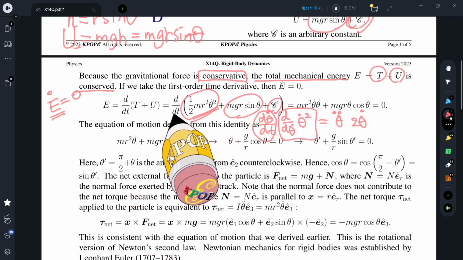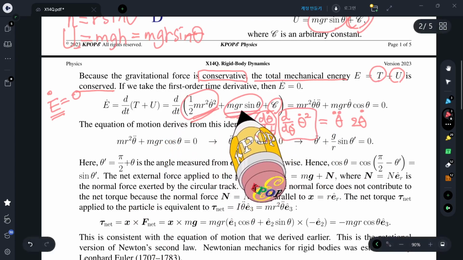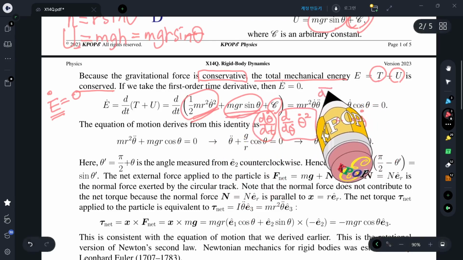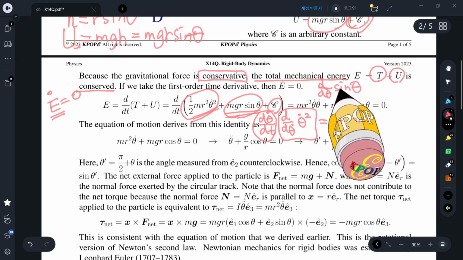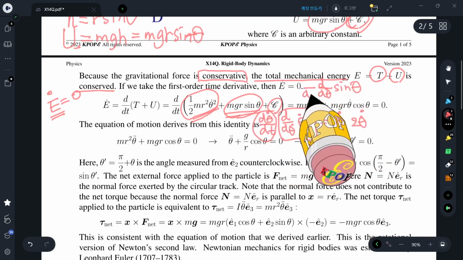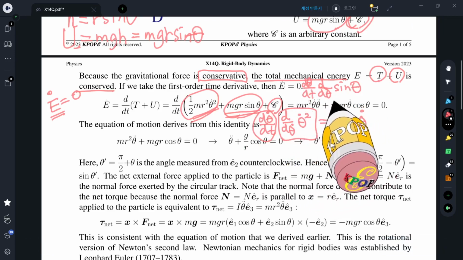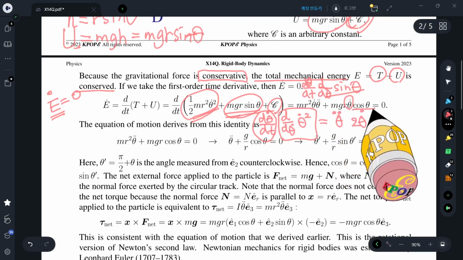Next, we take the time derivative of this. r is a constant, so we take the derivative of sine with respect to angle, and then the time derivative of this angle. This is a theta dot, and this one is a cosine.